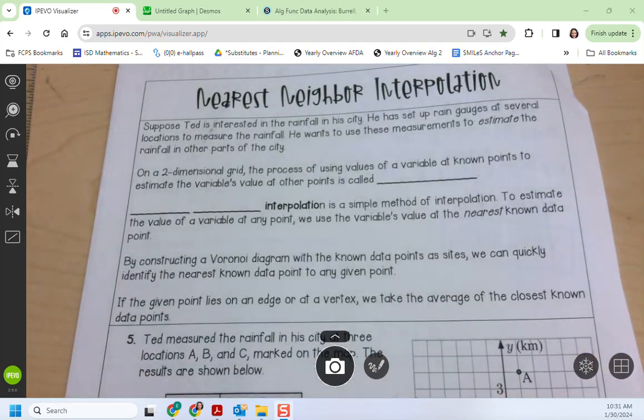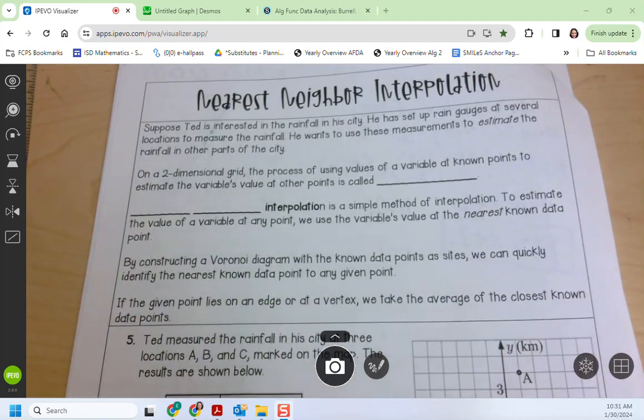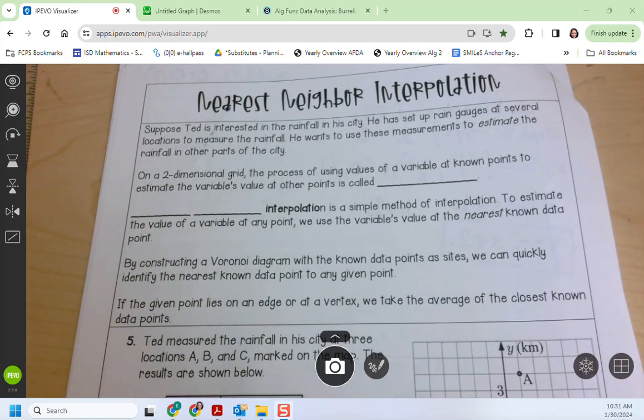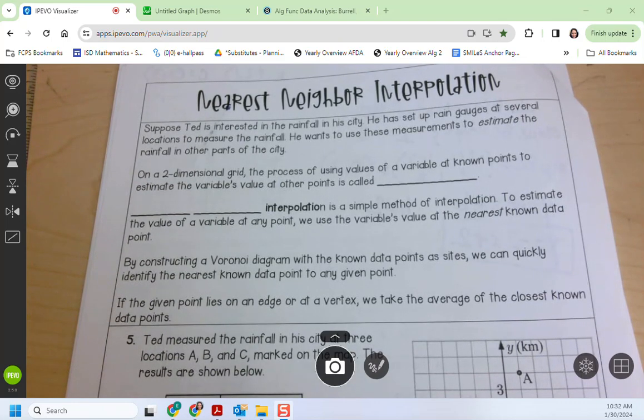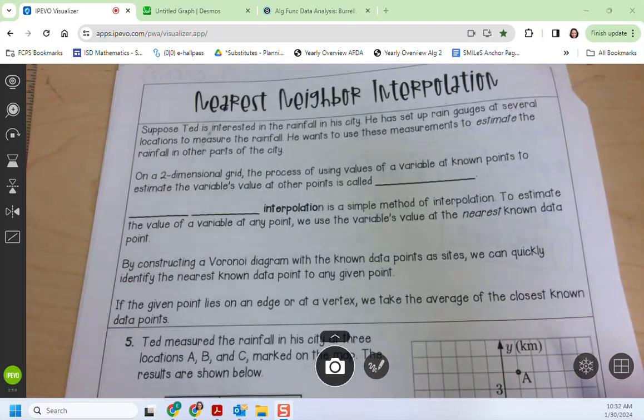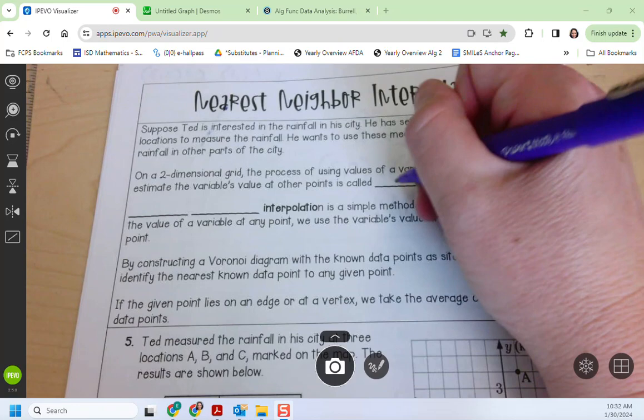All right, nearest neighbor interpolation. Suppose Ted is interested in the rainfall in his city and he set up rain gauges at several locations to measure the rainfall. He wants to use these measurements to estimate the rainfall in other parts of the city. On a two-dimensional grid, the process of using values of a variable at known points to estimate a variable's value at other points is called interpolation.